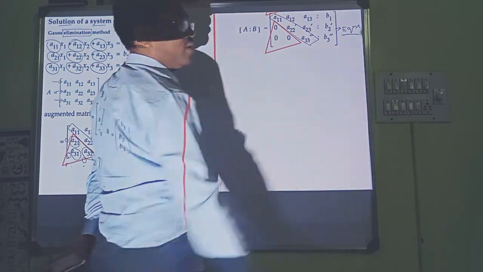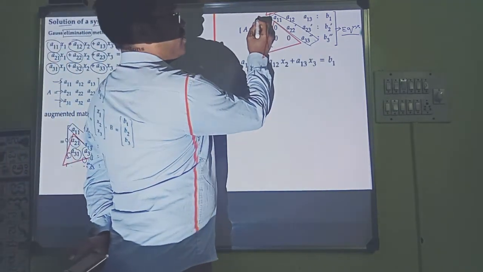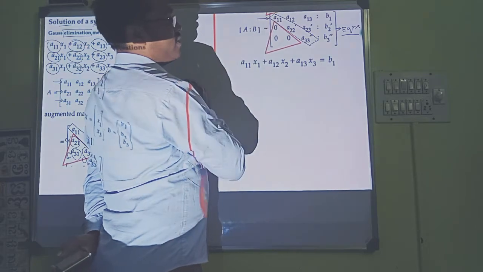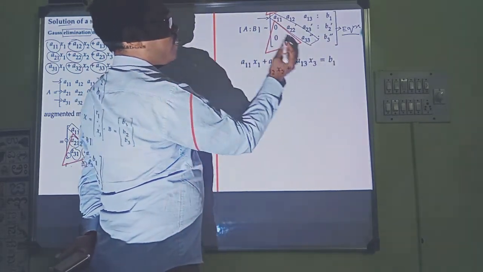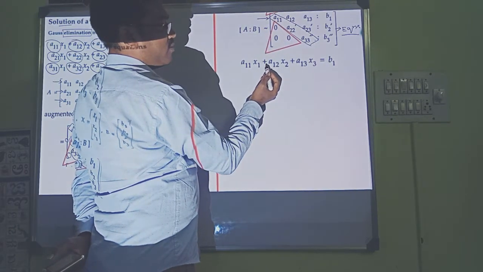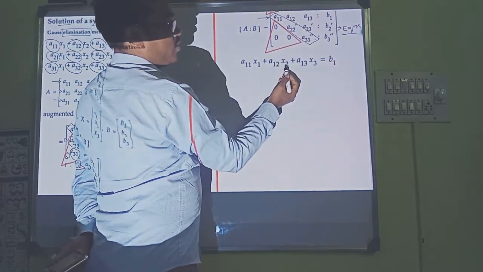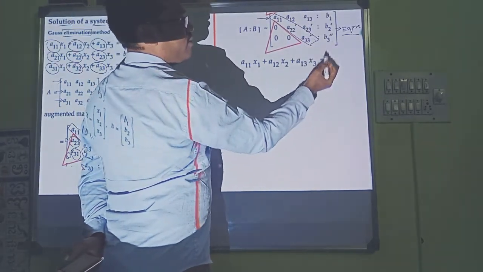Let us write down the first equation. Take the first row and write in equation form, that is a11 x1 plus a12 x2 plus a13 x3 is equal to b1.